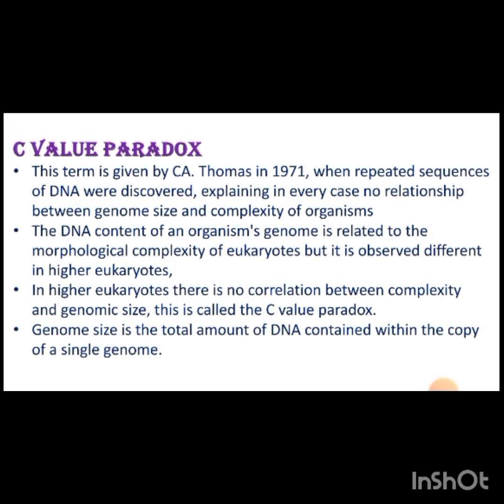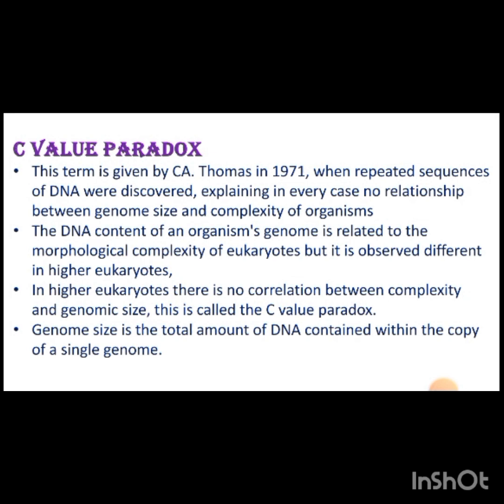To prove the C-value paradox, the term was given by C. A. Thomas in 1971, when repeated sequences of the DNA were discovered, explaining in every case no relationship between genome size and complexity of the organism.